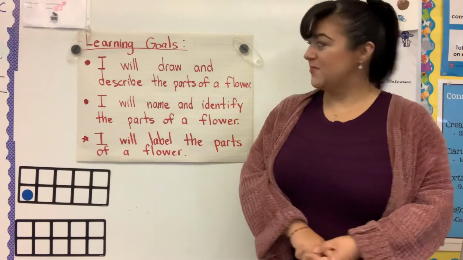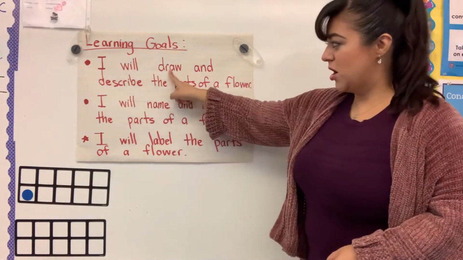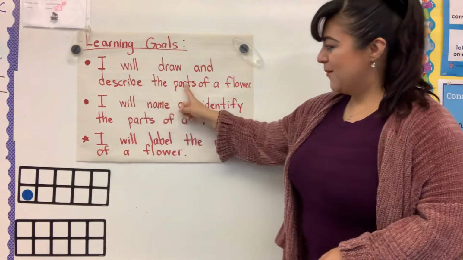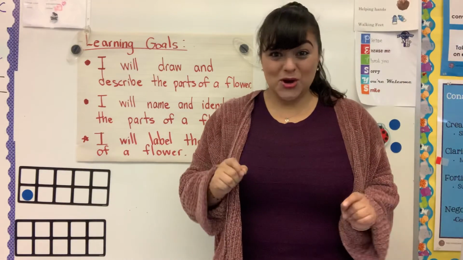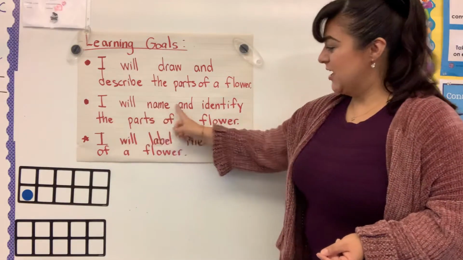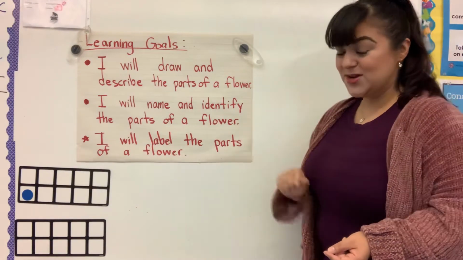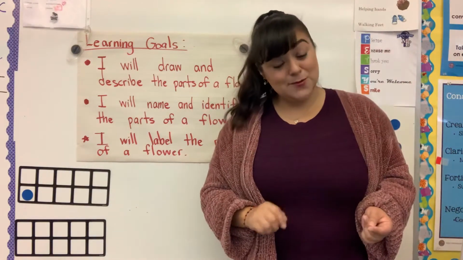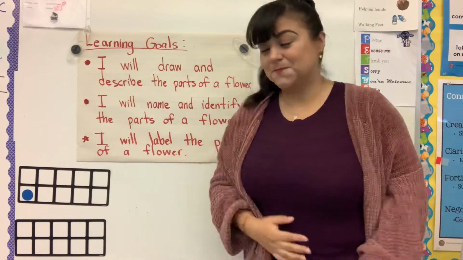So, today's learning goals say I will draw and describe the parts of a flower. So today we're going to talk about parts of a flower. I will name and identify the parts of a flower. So your home learning today will be to draw and label and name the parts of a flower.